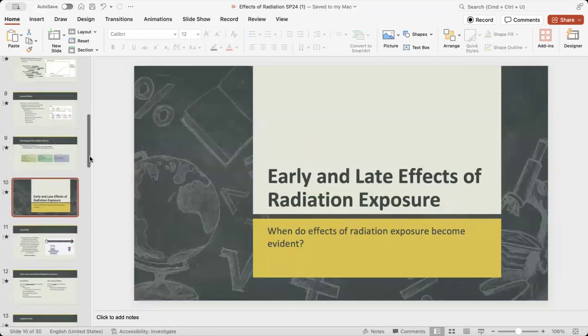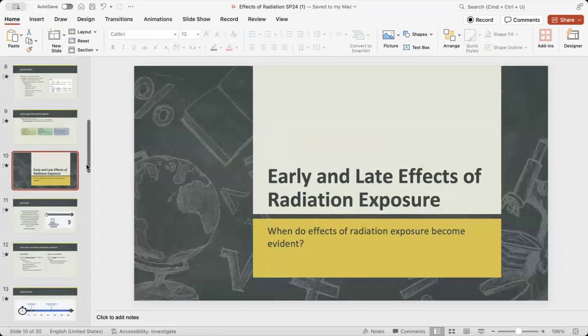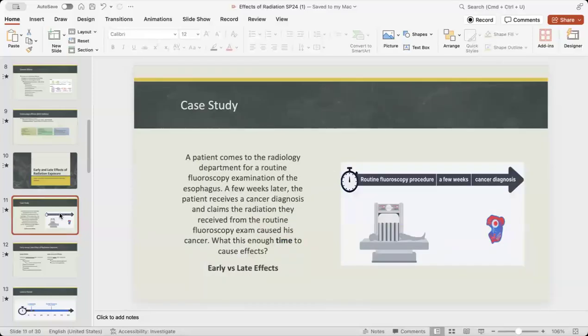So, early and late effects of radiation. When do effects of radiation exposure become evident? So we had our first case study, where with this patient, we really wouldn't be able to tell the effect. We know that there is a possibility that because the person has been irradiated, it could affect them as an individual, but we don't know if down the line it's going to affect any type of genetics.